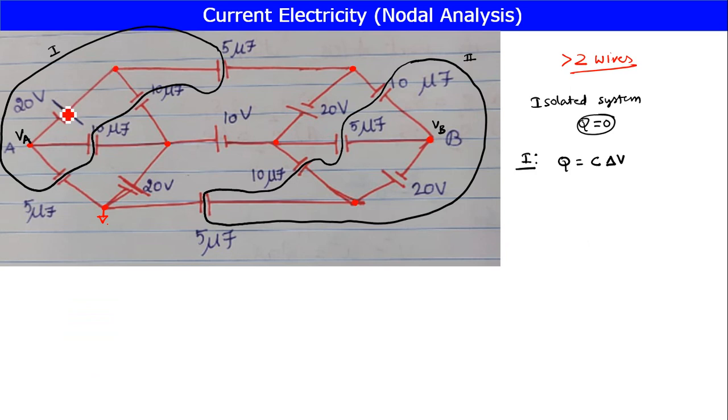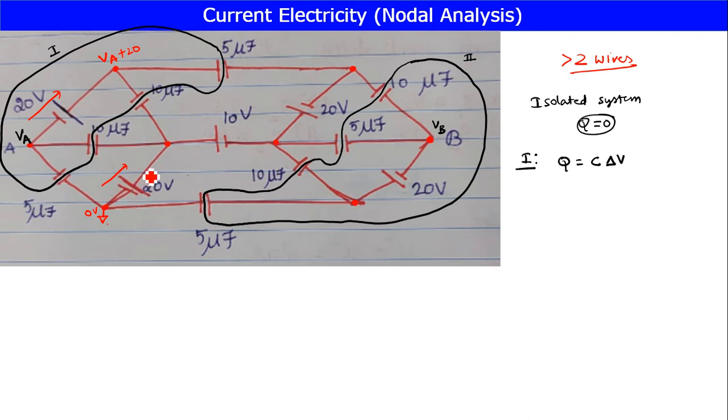Now here, along this path you come across a 20 volts cell, and the potential is raised along the path, so it is VA plus 20. Here it is grounded, so it should be 0 volts. Along this path you are going from lower potential to higher potential.